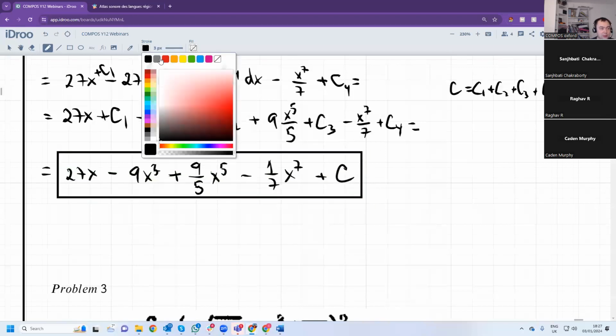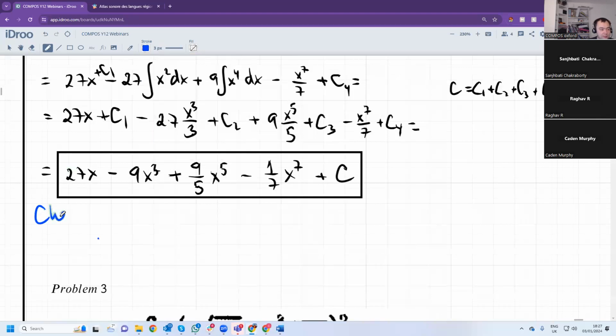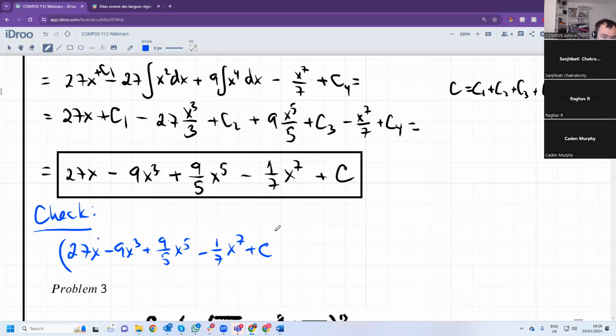Check. Now I want to test. I'm going to differentiate that and see if I end up with the same expression. So 27x minus 9x cubed plus 9/5 x to the power 5 minus 1/7 x to the power 7 plus c. I'm going to differentiate that.